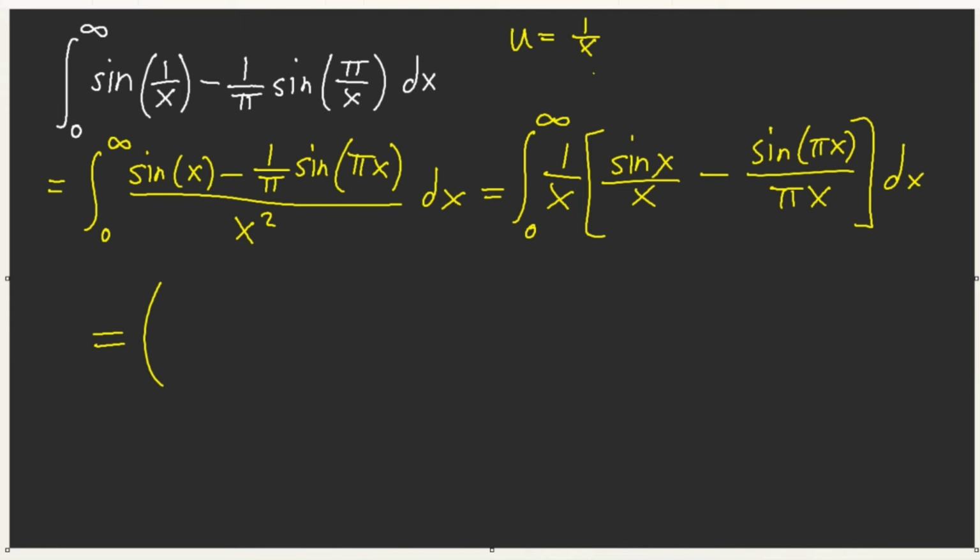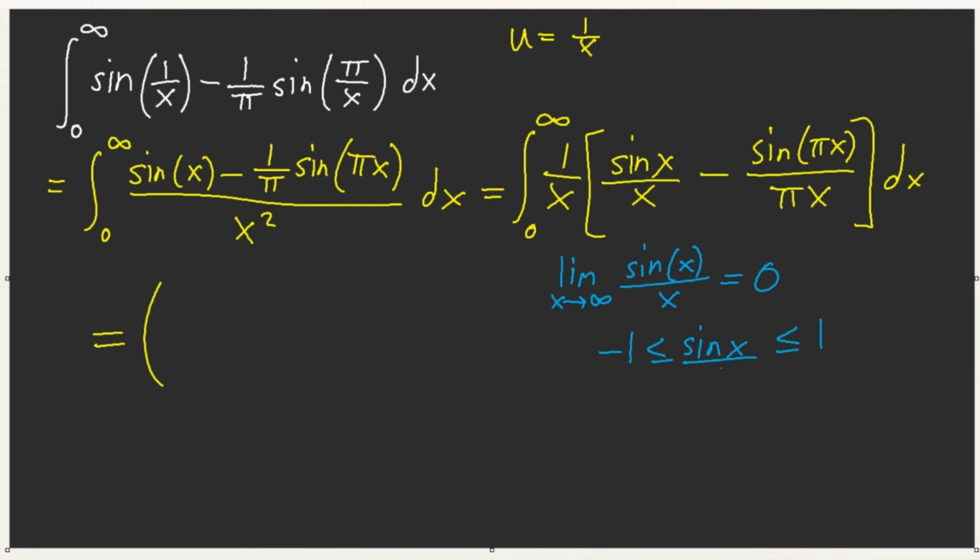Here, let me write this in blue. The limit as x approaches infinity of sine of x over x is equal to 0 by the squeeze theorem. If you remember your squeeze theorem, sine of x is always between -1 and 1.